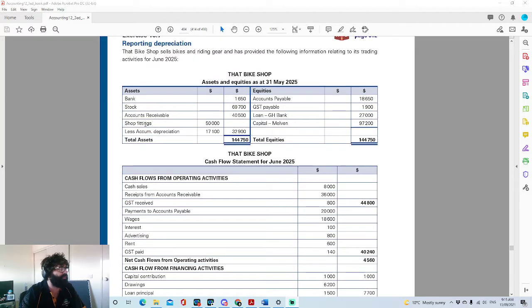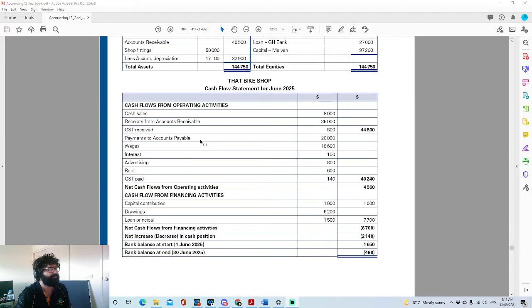They've got bank, inventory, accounts receivable, shop fittings, and accumulated depreciation. That's all the asset side. You've got equities, accounts payable, and GST payable, which means they owe GST to the government. Loan, so we're going to have to split that into current, non-current, and the capital, all things we'll have to put on reports afterwards.